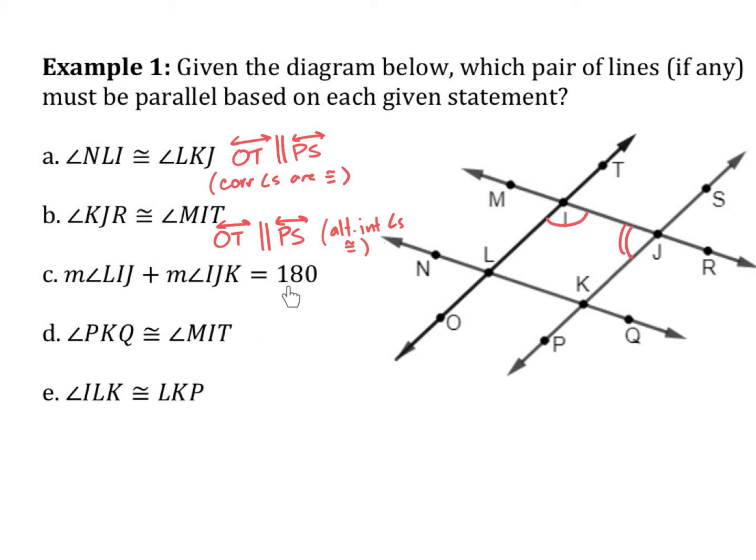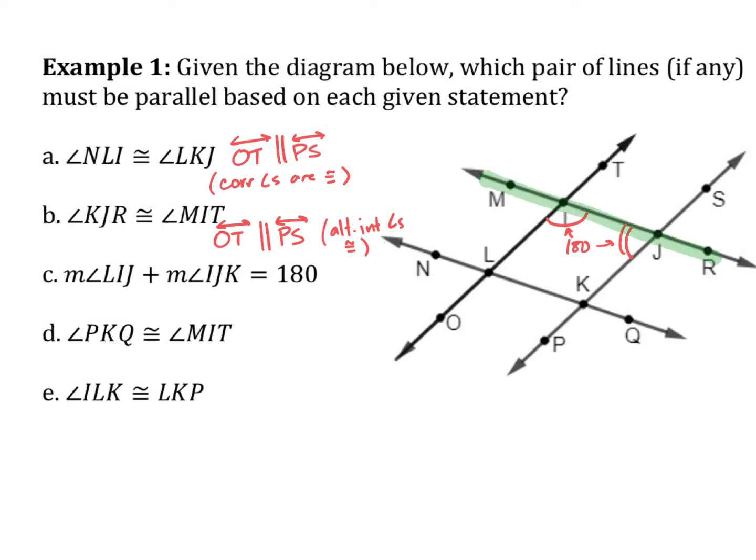It says that they're going to add up to 180. So I just put different markings on them, and then maybe you can say 180 degrees if I combine them together. Sometimes I'll add that to my diagram to show, hey, these are going to add up to 180. Okay, does that make a pair of lines parallel?